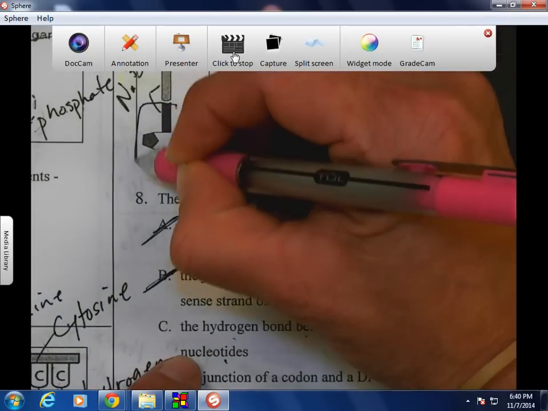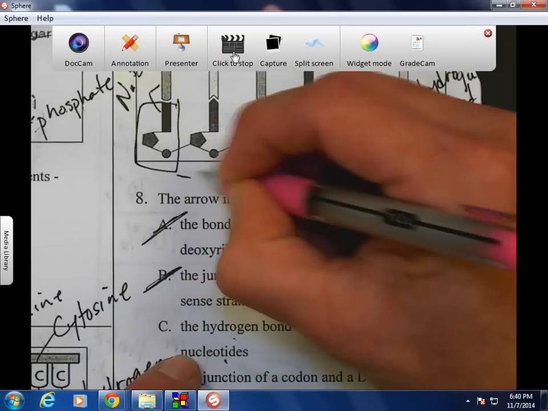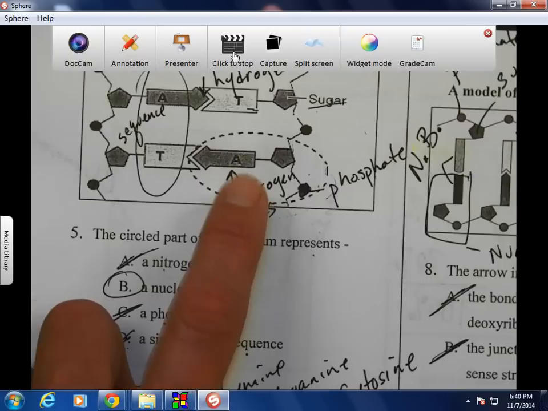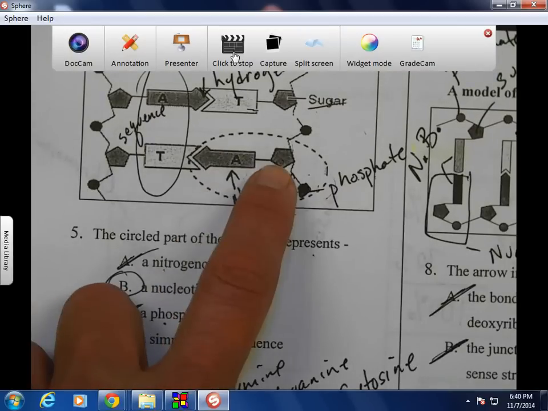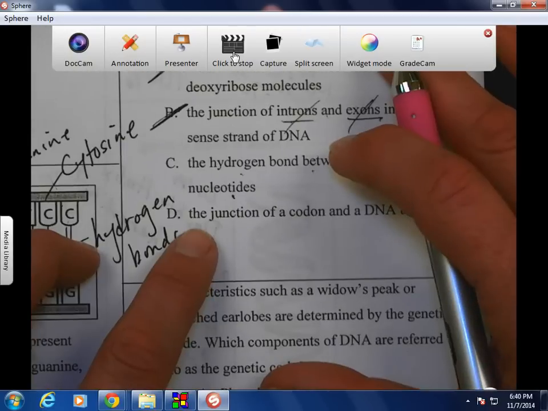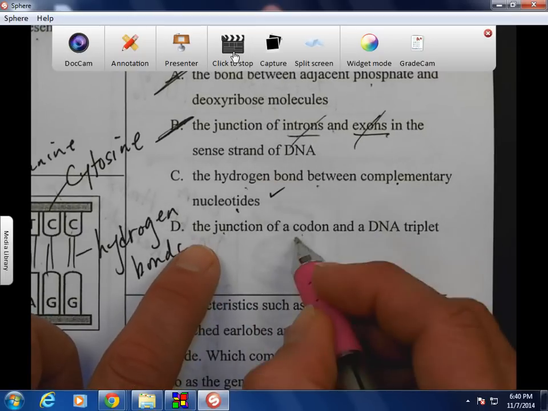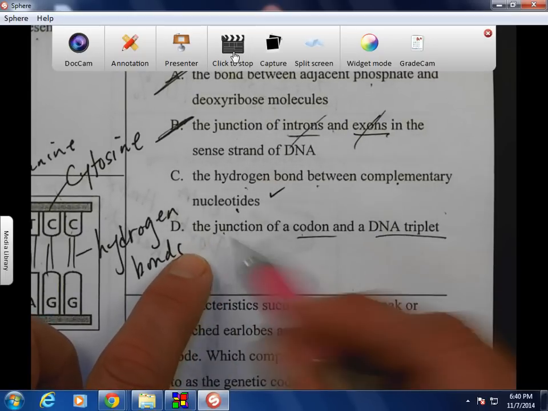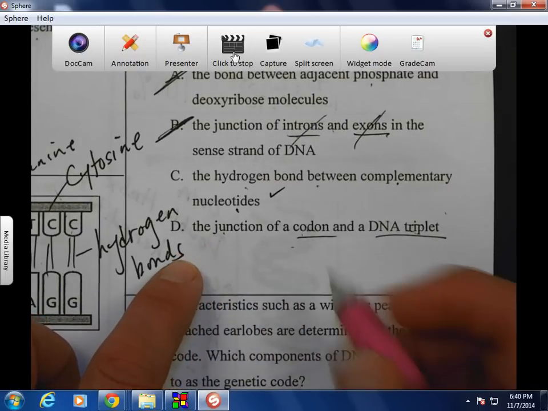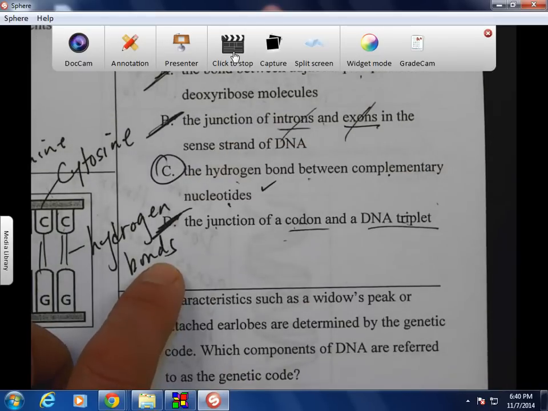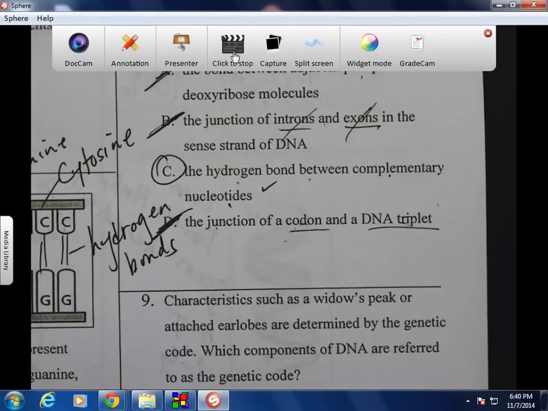This whole section here is a nucleotide. The nucleotide, nitrogen-based sugar, and a phosphate. So I'm going to hold on to that one. That might be right. The junction of a codon and DNA triplet, we hadn't talked about codons and triplets yet. So that's not it. So my answer is going to be C.